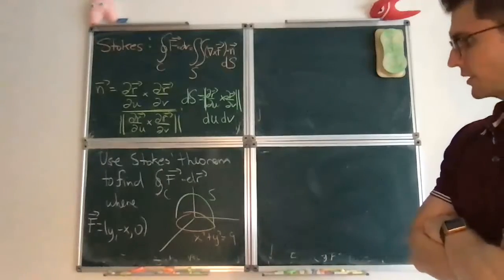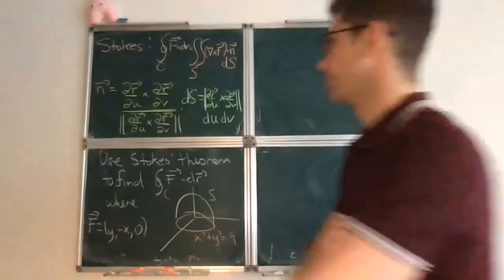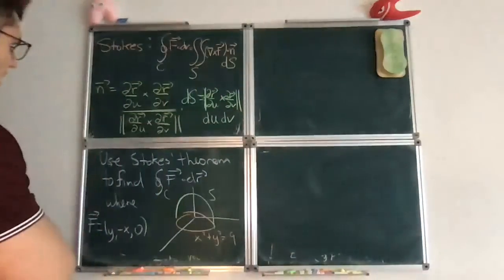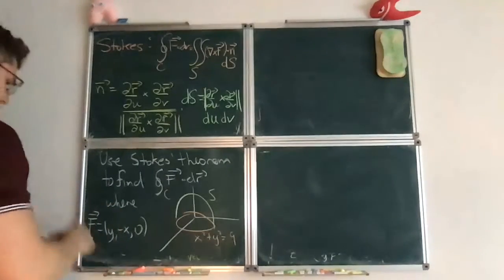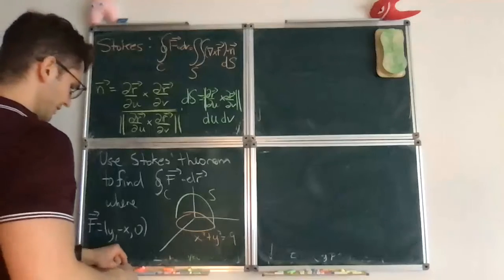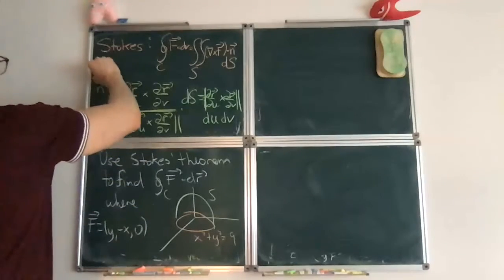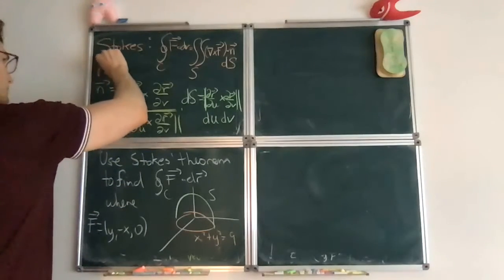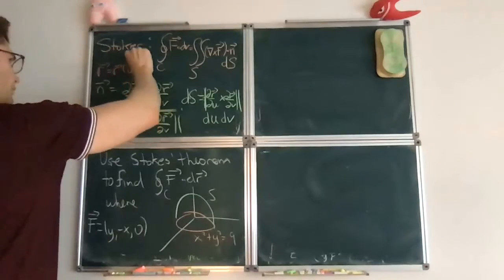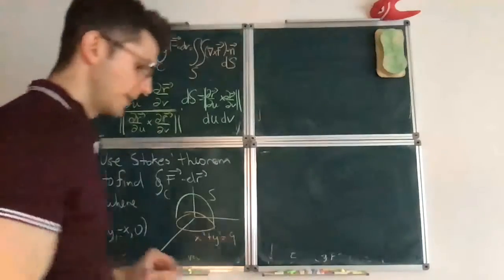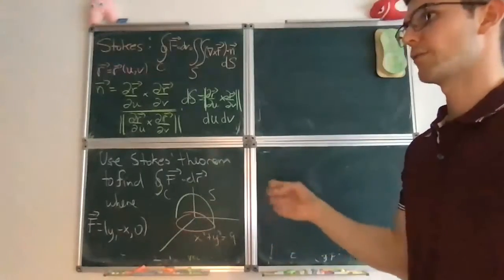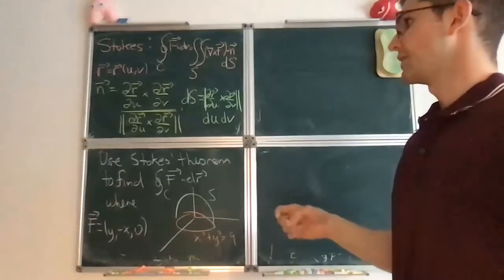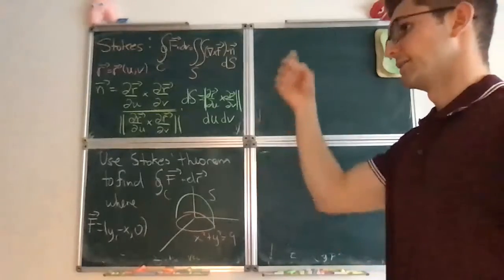So here are the two formulas that we will use for this example and the next one. In order to use these formulas, you need to parameterize the surface. Again, that means to write the position vector as a function of two variables, u and v. In the case of the cylinder, for the example that I did for computing the surface area of a cylinder, the variables were theta and z.